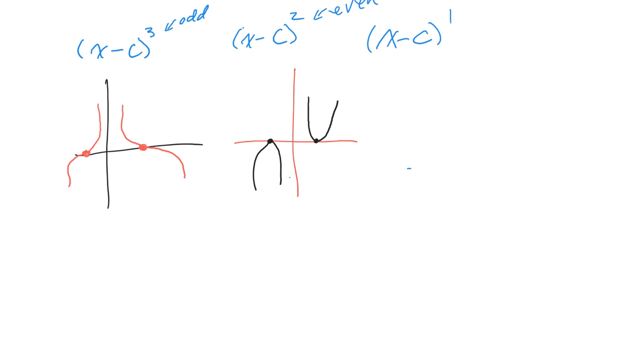And finally, if we have something to the power 1 near the point c, our graph looks like a straight line and continues on. It may not look like a straight line to us, but if we zoomed in on it, it would.